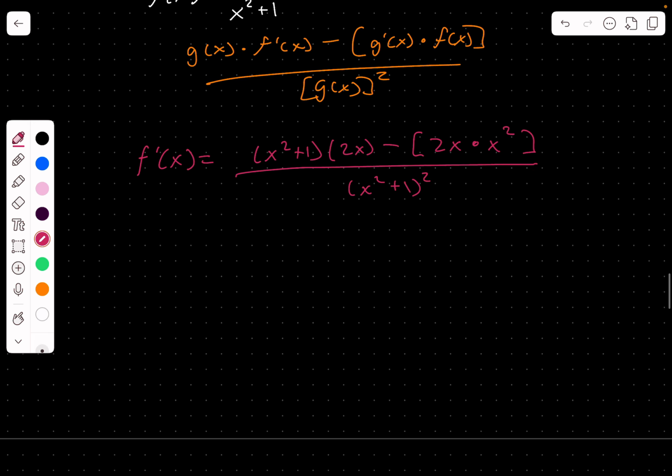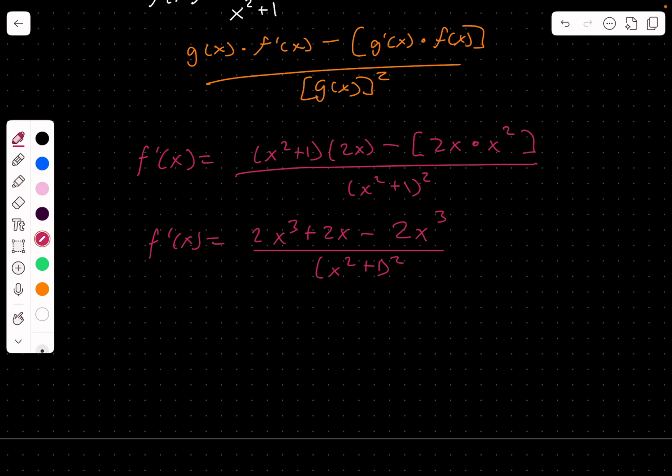Now let's combine our like terms. We get f prime of x equals 2x to the third power plus 2x minus 2x to the third power, over x squared plus 1 to the second power.